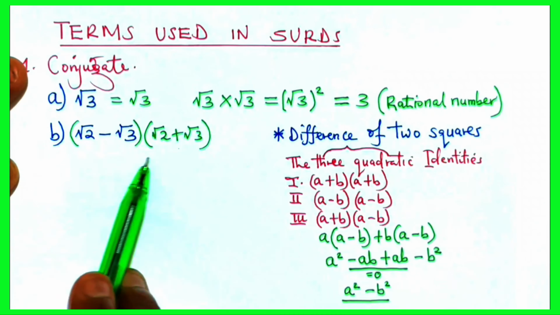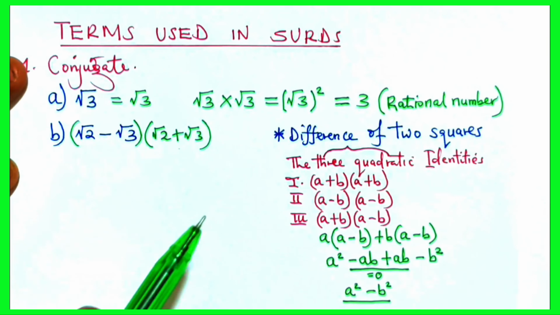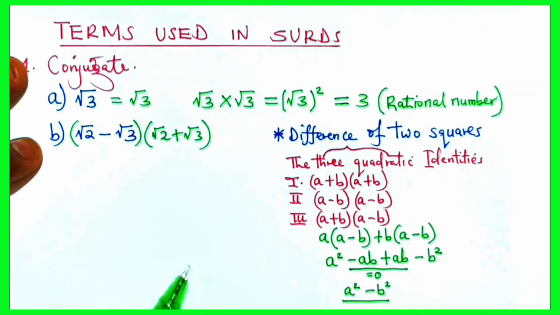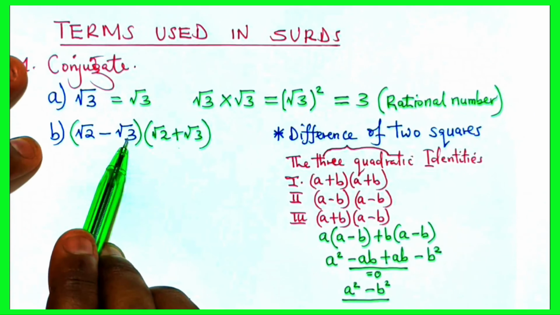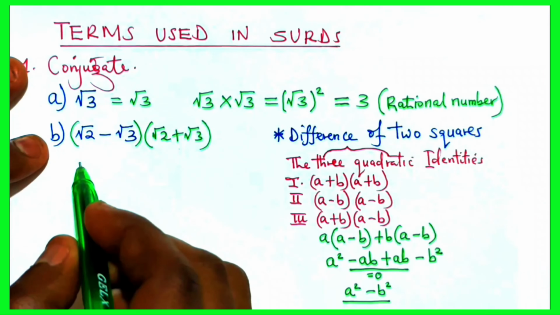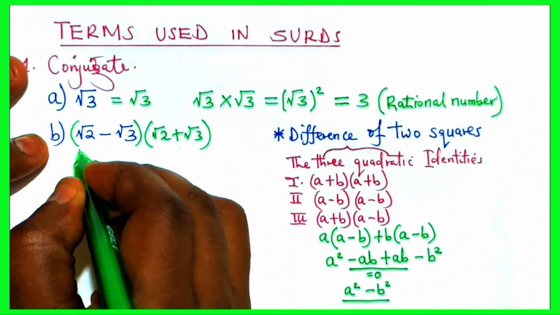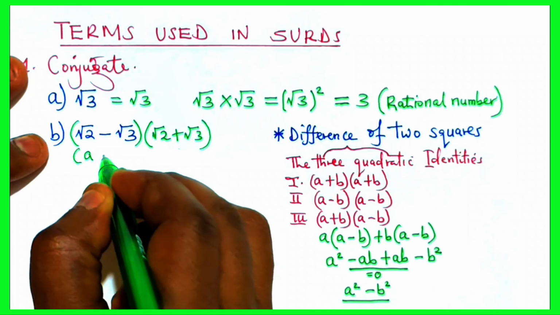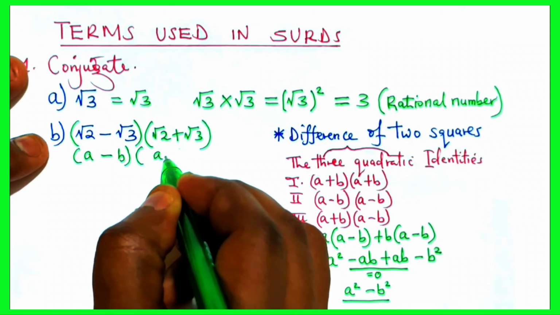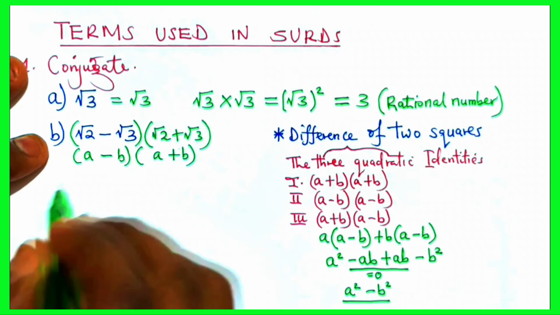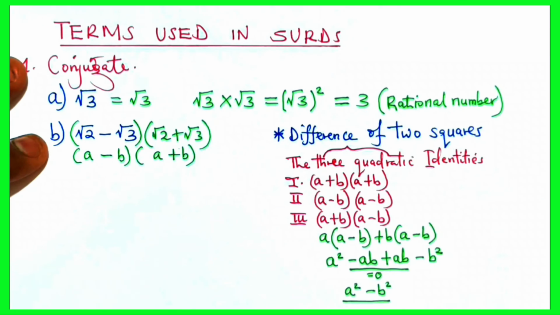And how can we apply the concept of difference of two squares here? Let root 2 be represented by a, and let root 3 be represented by the letter b. So we'll be in a position to capture here that this is similar to having a minus b to multiply a plus b as expressions.